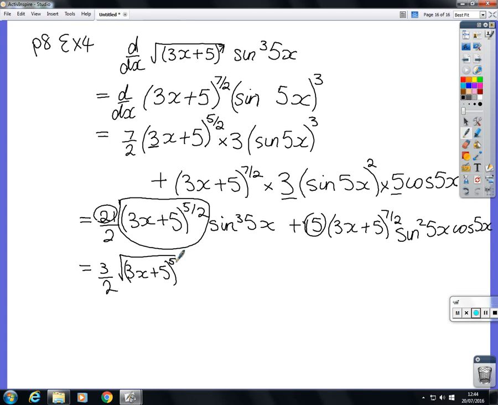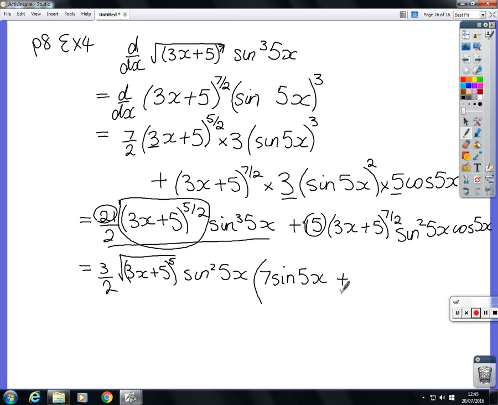And another common factor is sine squared 5x. Open bracket. Think about what other term you need to get this. We need sine 5x and 7 to make 21. 7 sine 5x.